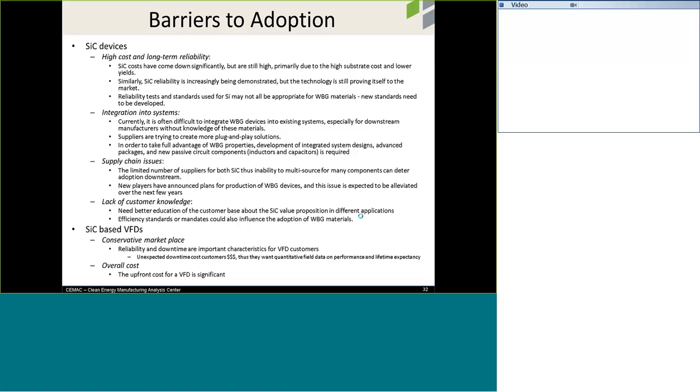In regards specifically to silicon carbide-based VFDs, this is a very conservative marketplace. Reliability and downtime are very important. And so our interviews basically highlighted that, at least initially, they're really going to focus on the improved reliability and not even highlight to customers as much that silicon carbide or wide bandgap devices are enabling it.